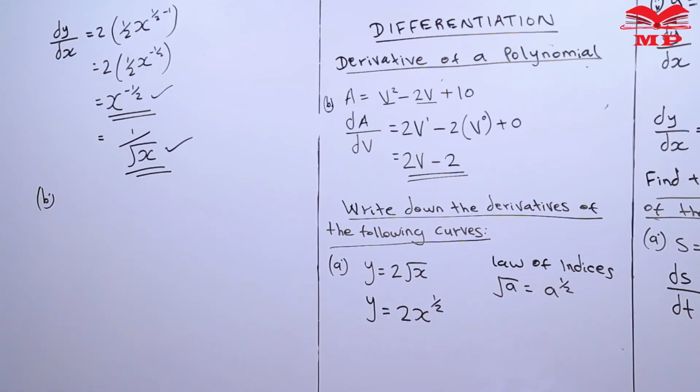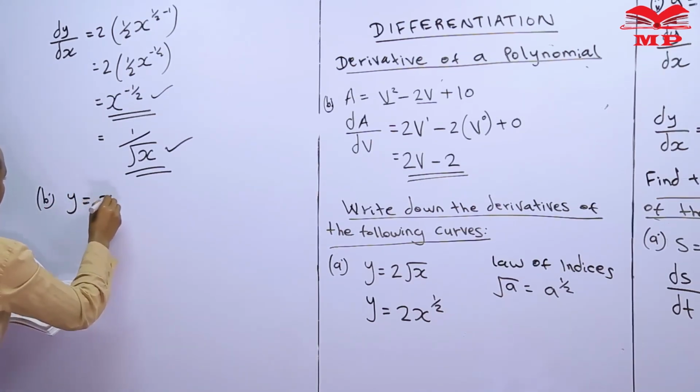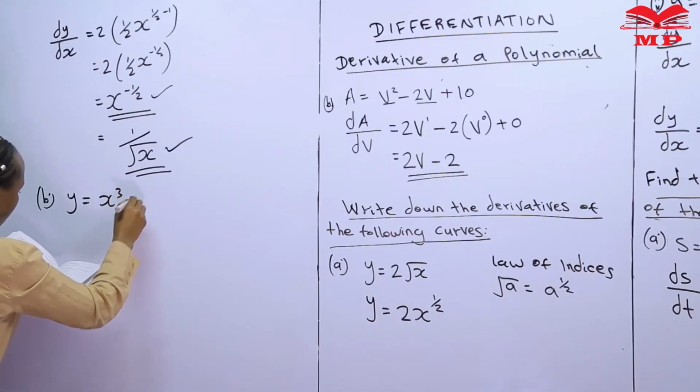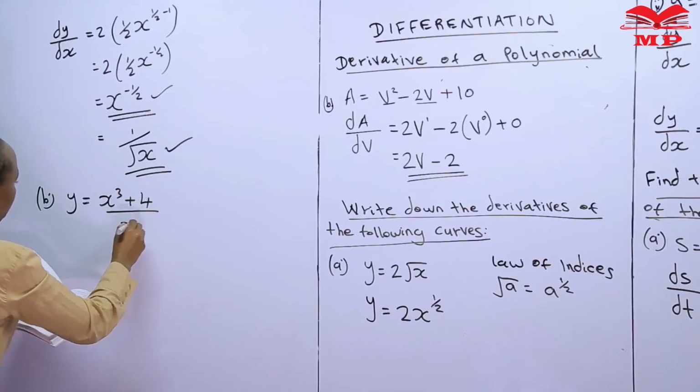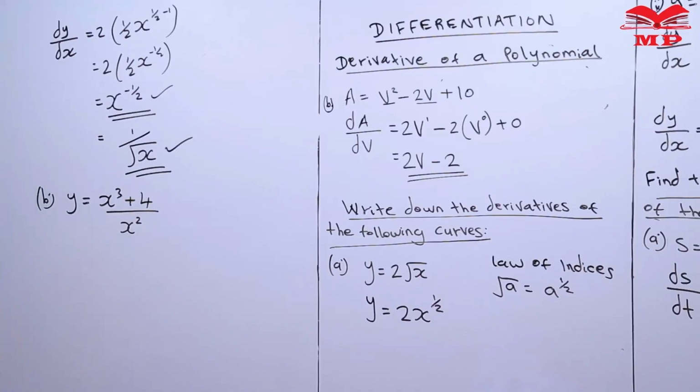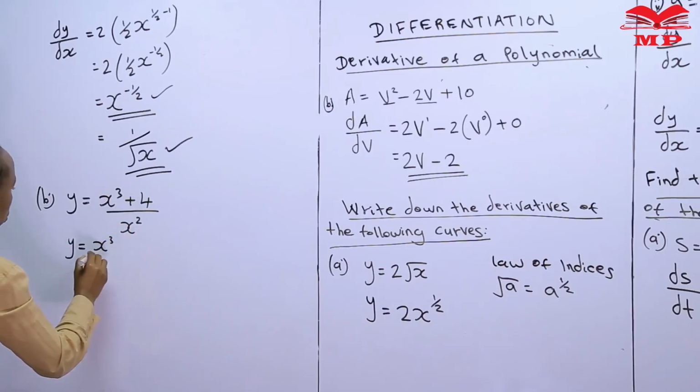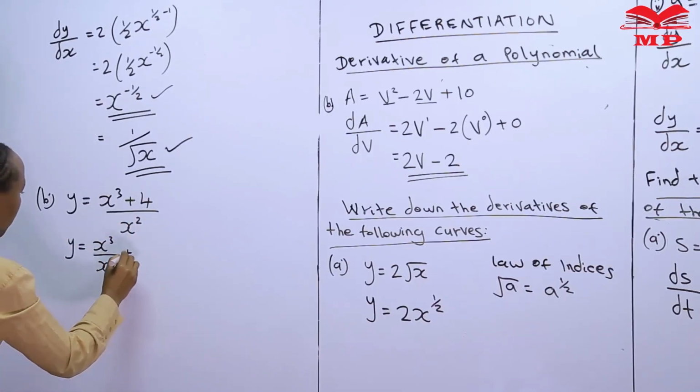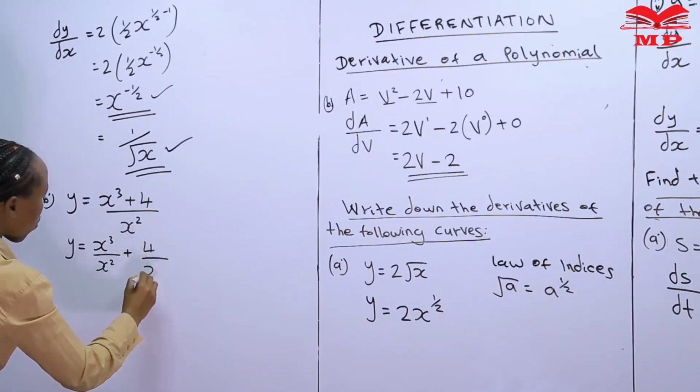So then question number B, we can have y is equal to x cubed plus 4 all over x squared. We find the derivative of this equation. Again, it is very easy because you just need to rewrite it. y is equal to, this is a common denominator, so it means that it is x cubed all over x squared plus 4 all over x squared.